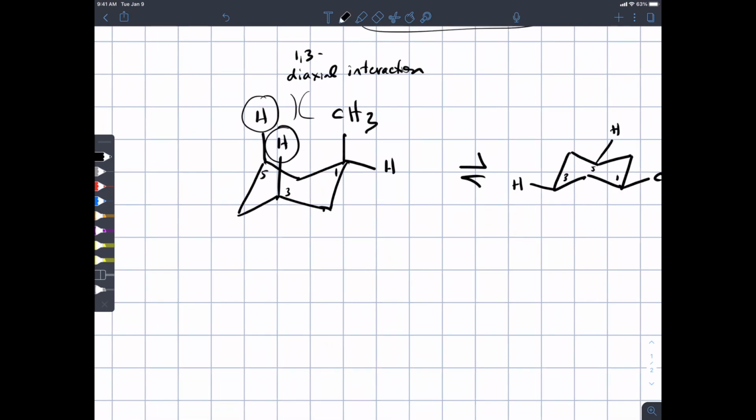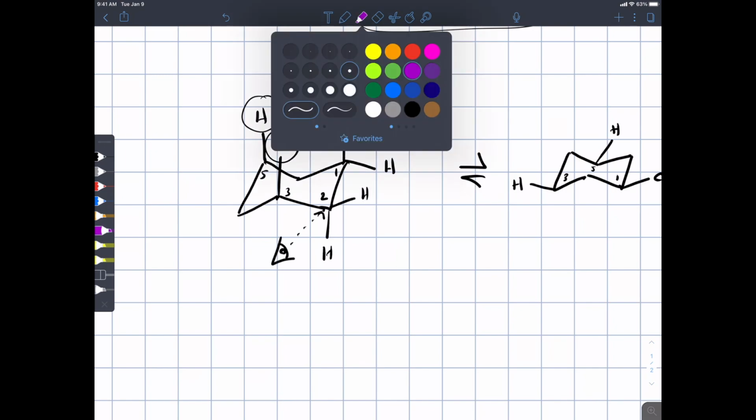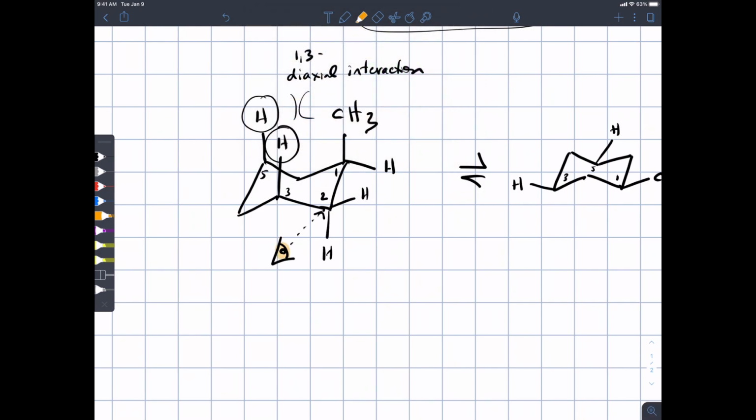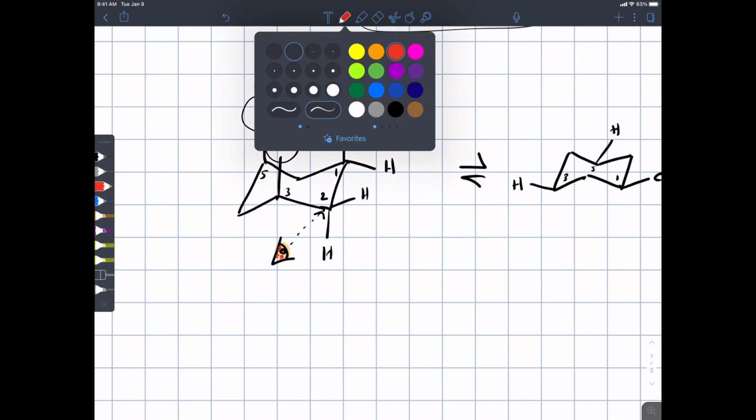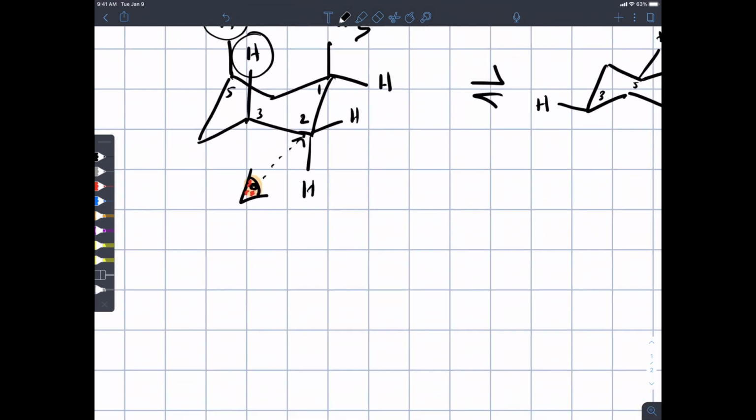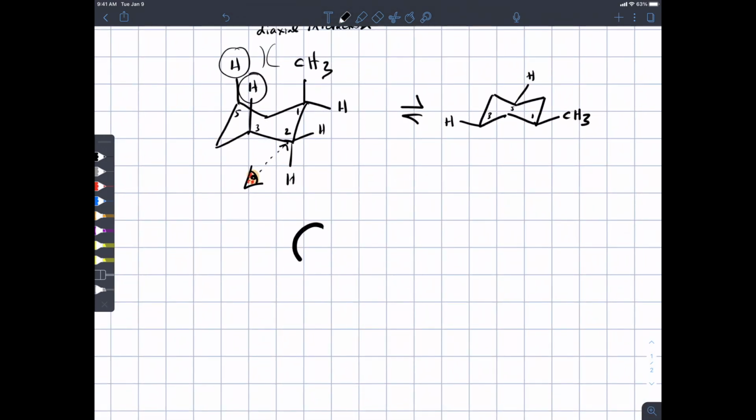And to see this, what we're going to do is look down the bond between carbon 2 and carbon 1. And it's been a while since I drew the evil Sith eyes, so we got to keep that one alive. I'm going to draw a Newman projection starting with carbon 2.